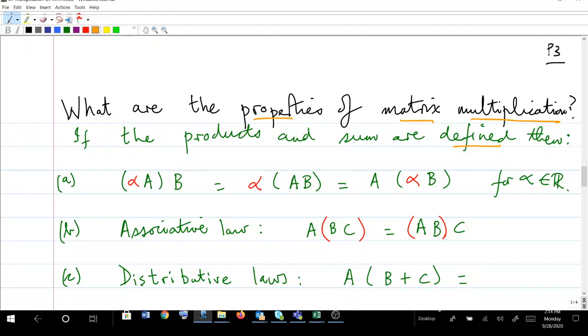B, the associative law. If you're multiplying three matrices, A, B, and C, it doesn't matter when you do the multiplication of two matrices, right?